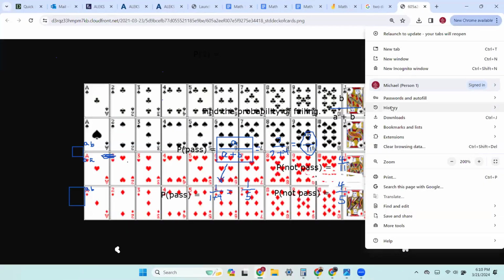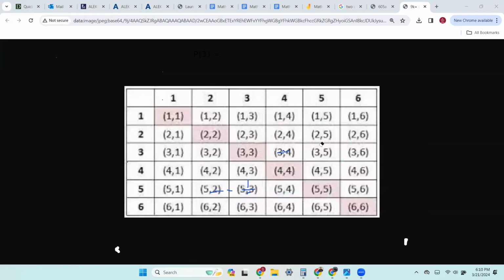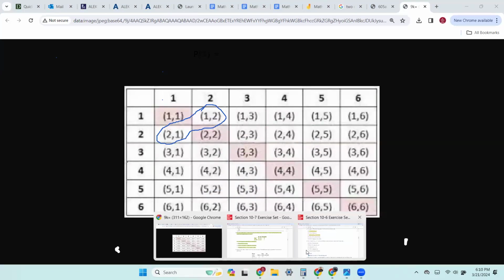Closed it. All right, so I've got to erase all this. But we're recording it if you want to come back and look at it. All right. So how many of these are sums of 3? Two. There's 2 of them. So going back over here, and that's out of 36.